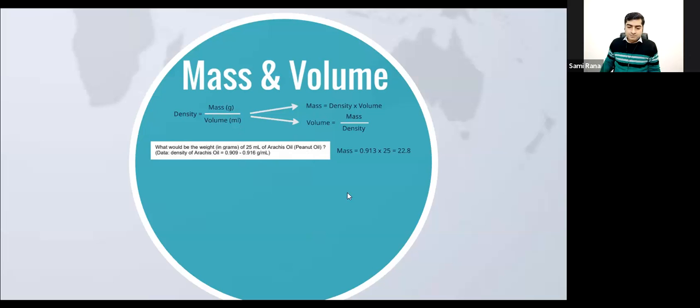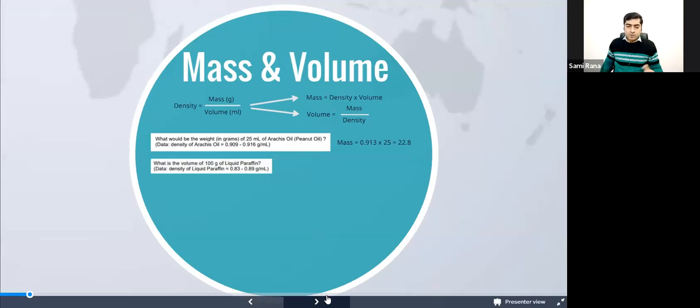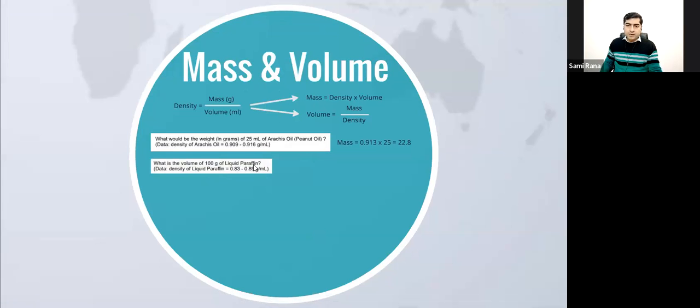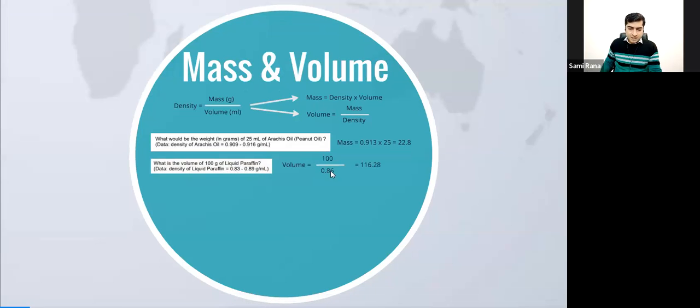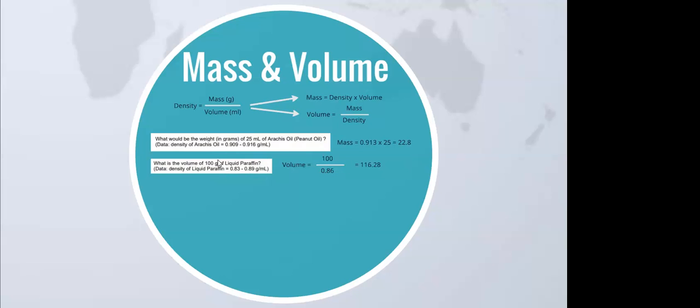We'll move forward. We will see another question that says, what is the volume of 100 gram of liquid paraffin? And the density is given, liquid paraffin is 0.83 to 0.89. So we will take a mean value of this density, that is 0.86, and we have the weight in grams already.